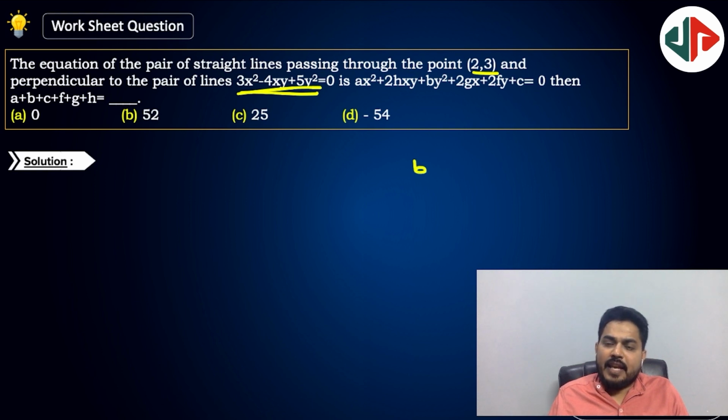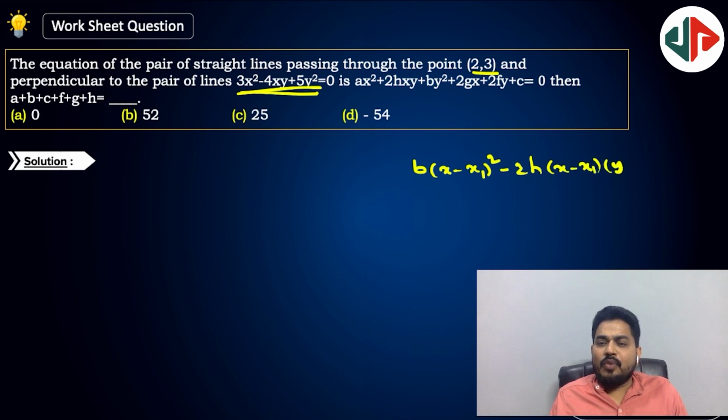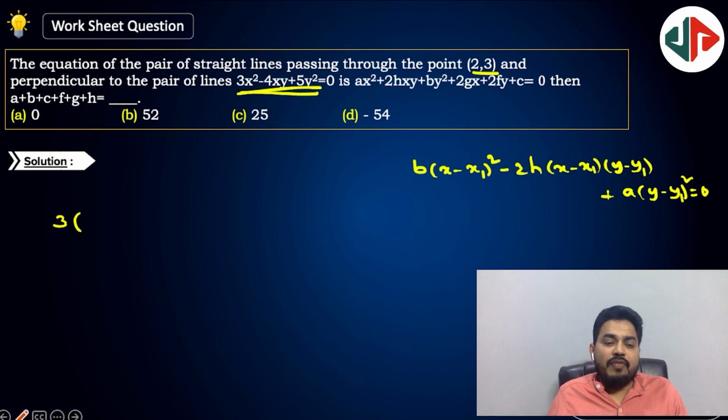Directly: b times (x minus x1) whole square minus 2h times (x minus x1) into (y minus y1) plus a into (y minus y1) whole square is equal to 0. So if you go for that, this is 3 times of, not 3, sorry. What is the value? 5 is there, okay?